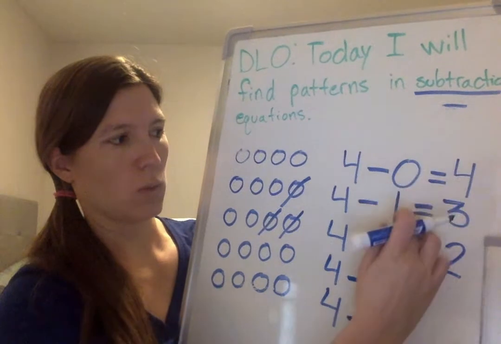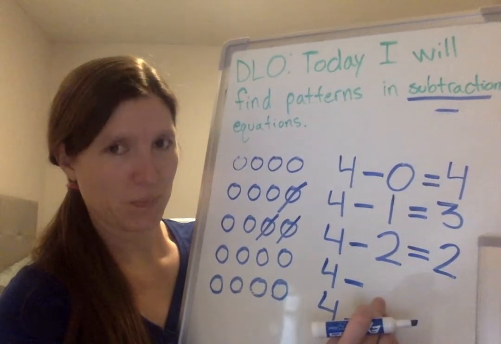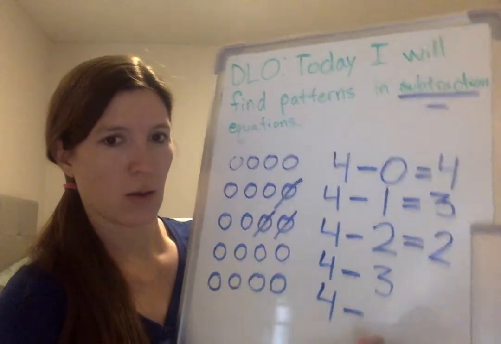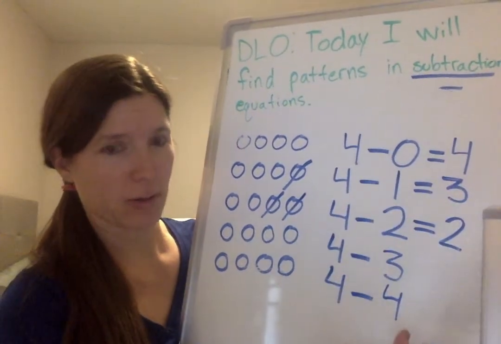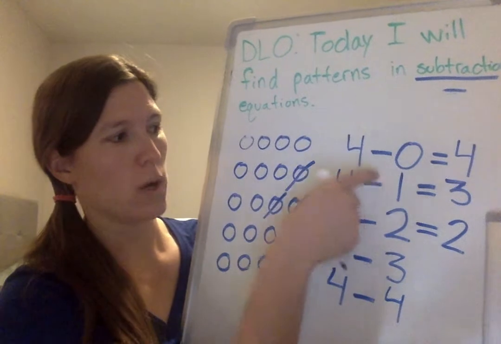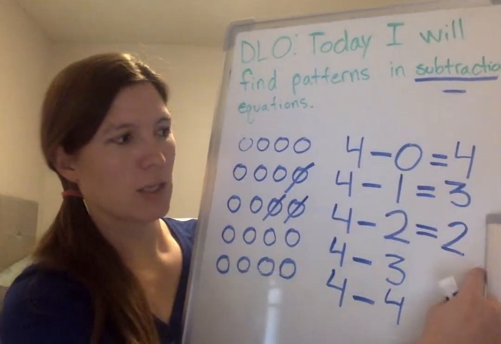Now let's look at our pattern. We've got 0, 1, 2. What comes after 2? 3. What comes after 3? 4. So I wrote out my pattern down like this because it's 0 and then 1, 2, 3, 4. On this side, let's look at the differences.